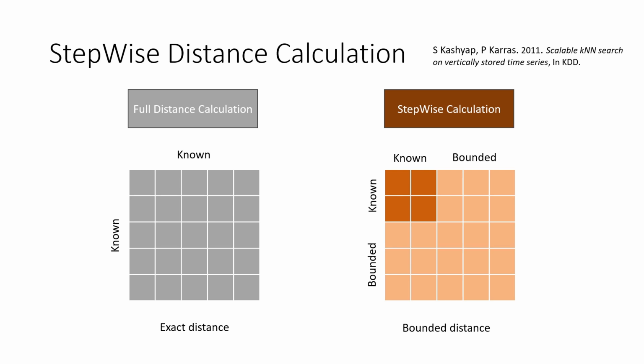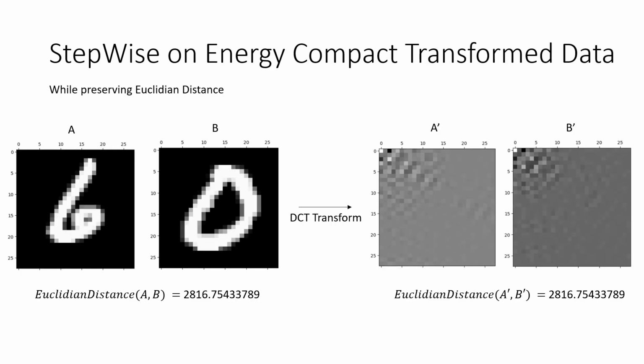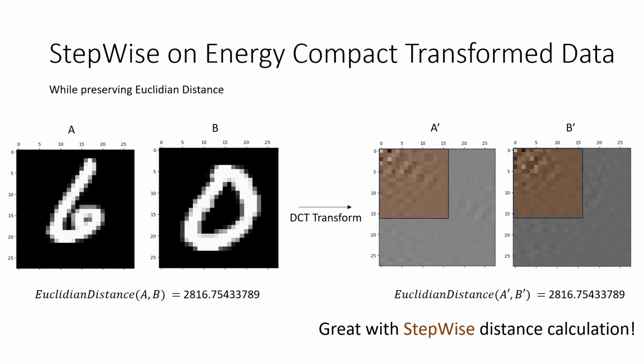This works really well if we first compress the data using some transformation that preserves distance between two data points, as by doing so we can compute the almost exact distance using fewer of the dimensions, and then use the bounding on the rest, which means we still get very precise bounds.